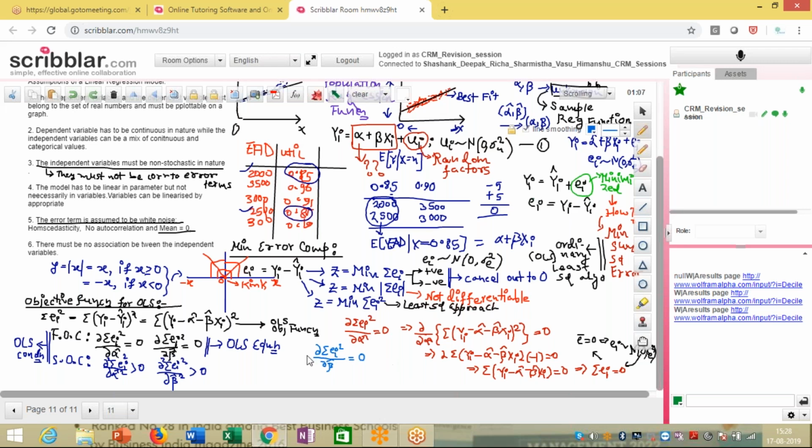So let's have a look into this. Now what I am doing is differentiating these values, right?